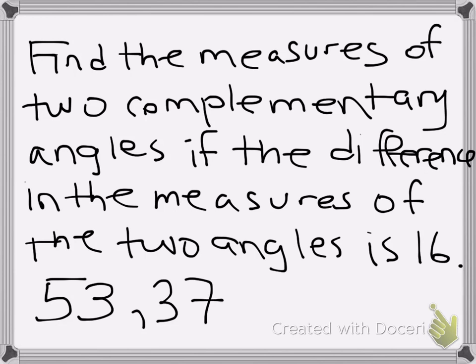So the two answers that I have for my measures of the angles are 53 and 37. But that is a problem that's going to just take a lot of guessing and checking. Just making sure that you have what it's asking for. The two angles adding up to 90, and then also subtracting from each other to get 16.